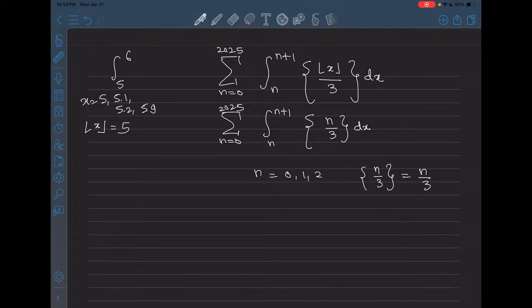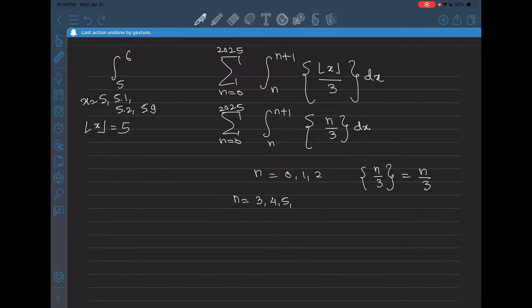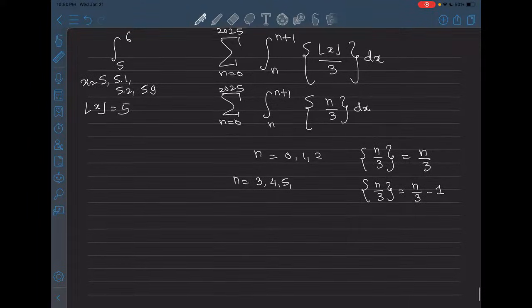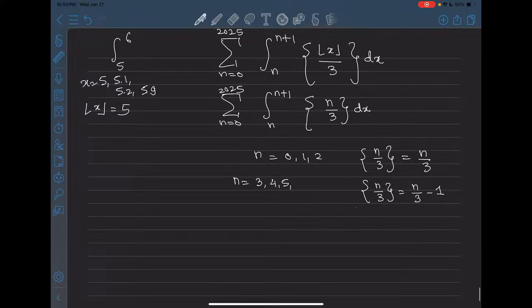Now when n is 3, 4, or 5, in that case the fractional part of n over 3 will be n over 3 minus 1. You see why? Whenever I have 4 over 3, that's 1 plus 1 over 3, and the fractional part will just be the 1 over 3, so I have to do n over 3 minus 1.